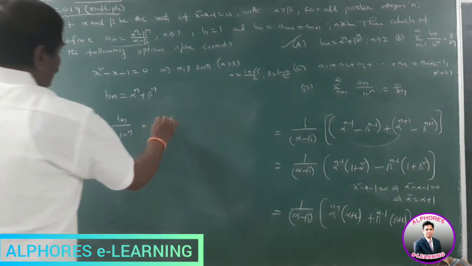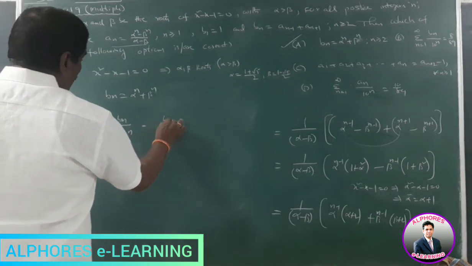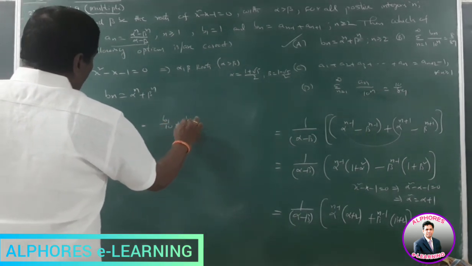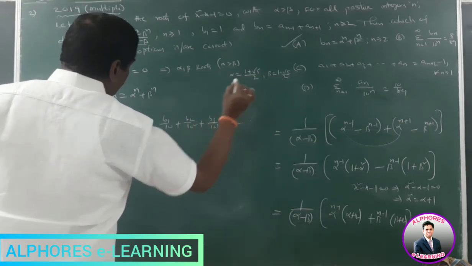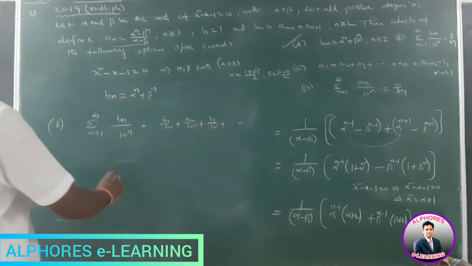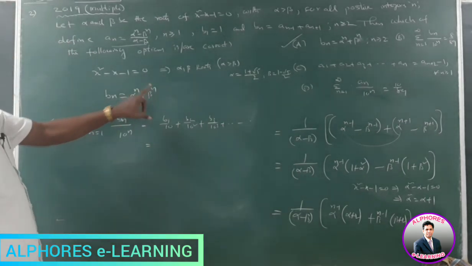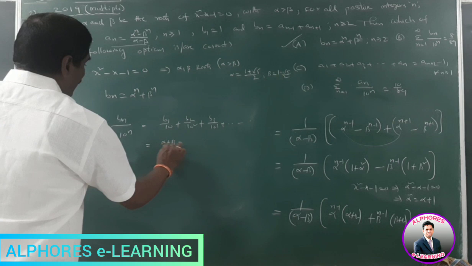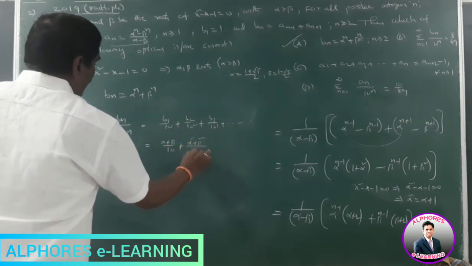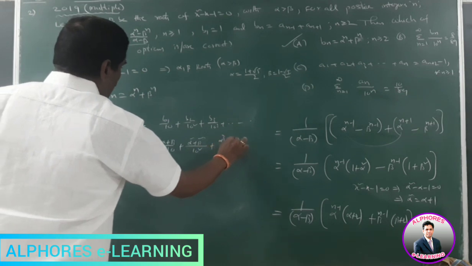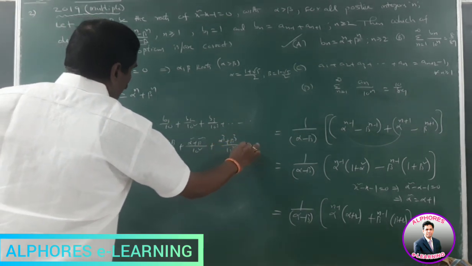That means after expansion, B1 by 10 plus B2 by 10 square plus B3 by 10 cube plus so on, up to infinity. What is the value of Bn? Alpha power n plus beta power n. That means alpha plus beta by 10, plus alpha square plus beta square by 10 square, plus alpha cube plus beta cube by 10 cube, plus so on.